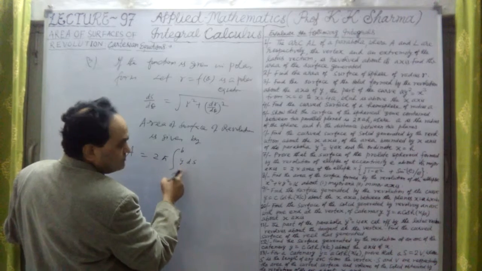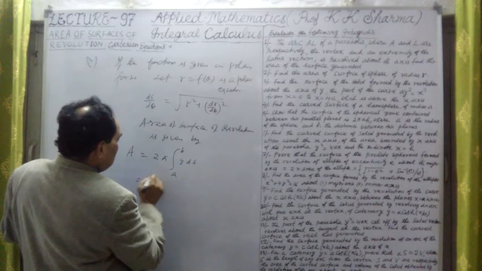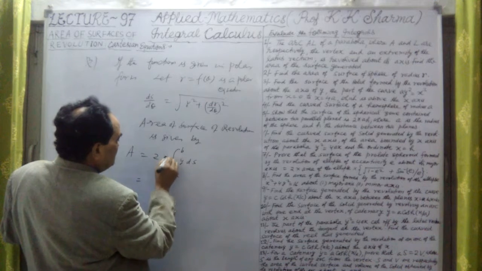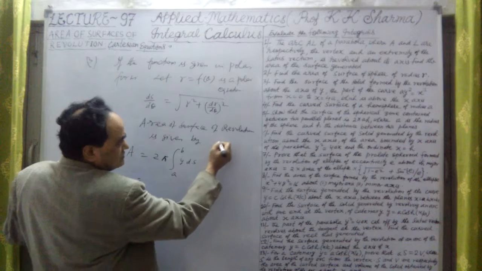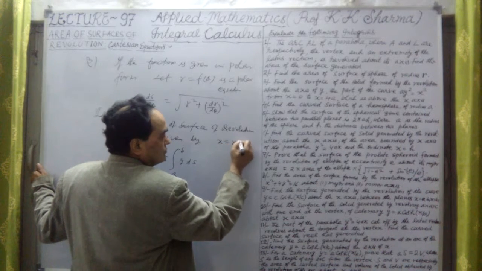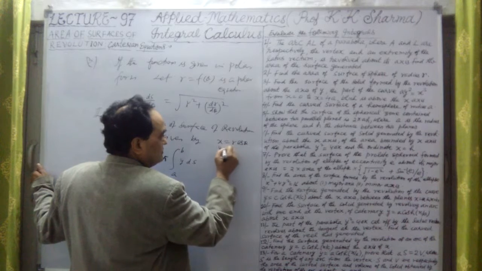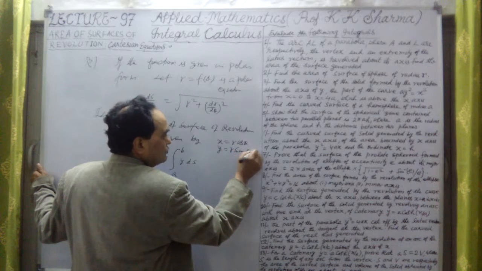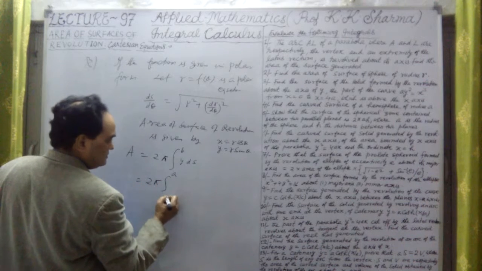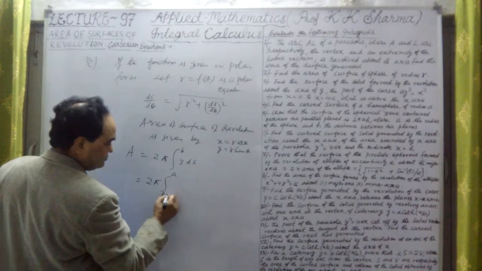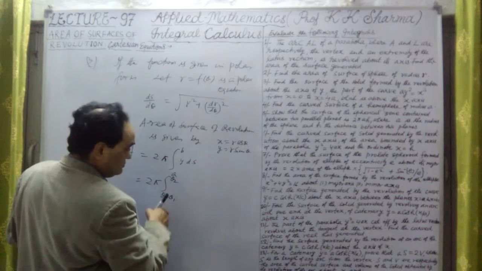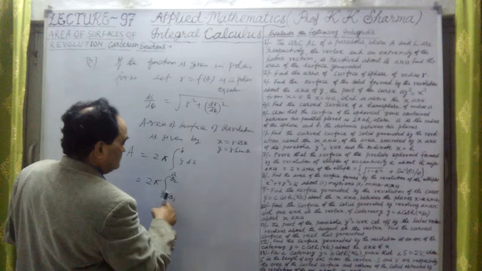Now this we have to replace by the value of y in polar form. X we always write as r cos theta, and y is r sin theta in polar form. We replace, so this is 2 pi. Now the limits here are theta equal to theta 1 to theta 2.